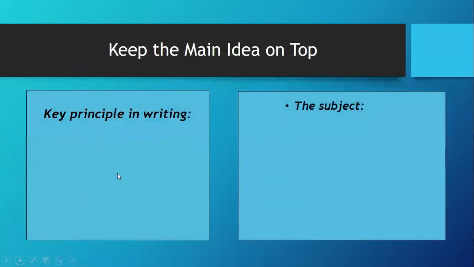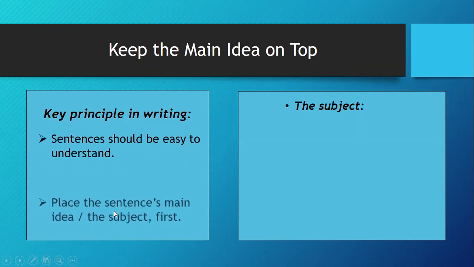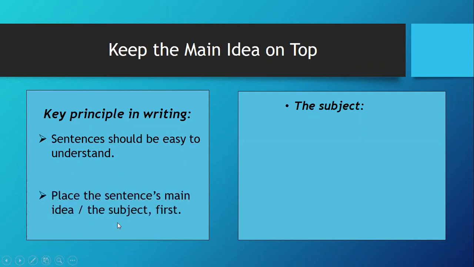So the key principle in writing is that we keep the main idea on top, right? Sentences should be easy to understand, and we place the sentence's main idea or the subject first in the sentence that we're going to write. The subject then makes the rest of the sentence accessible.